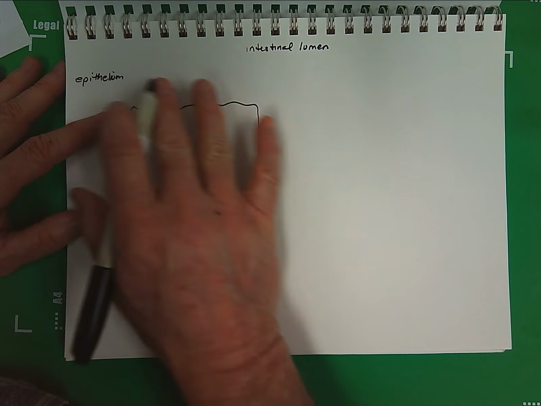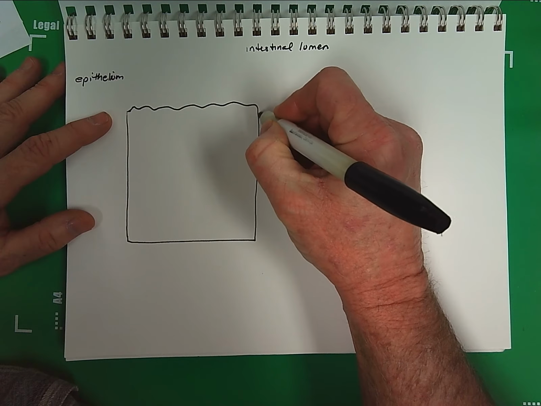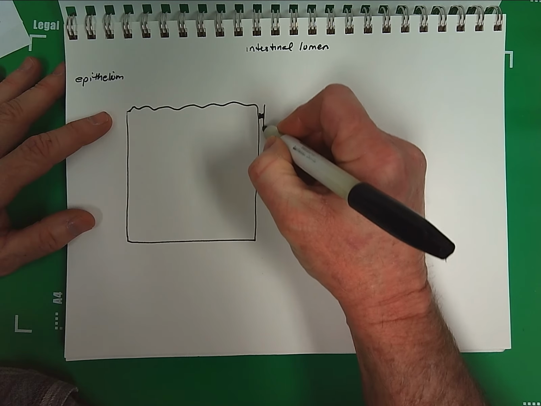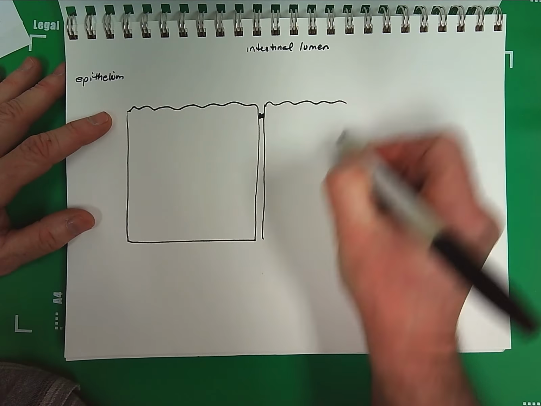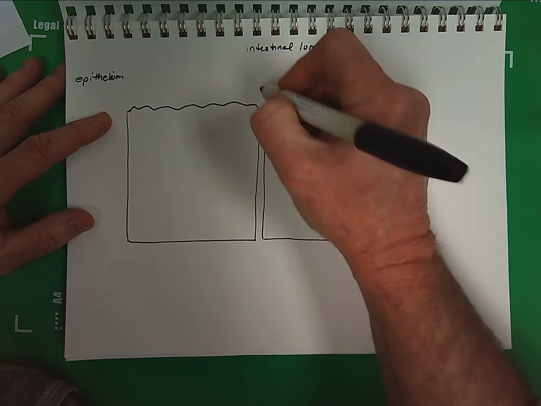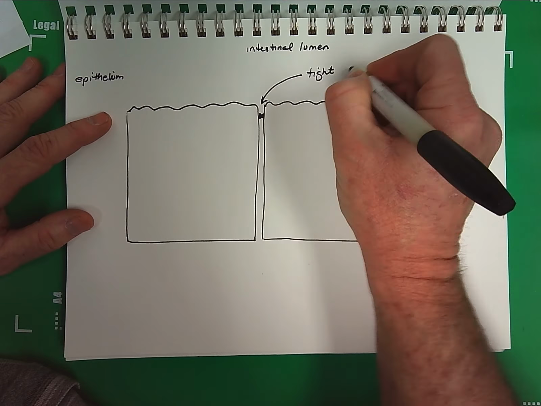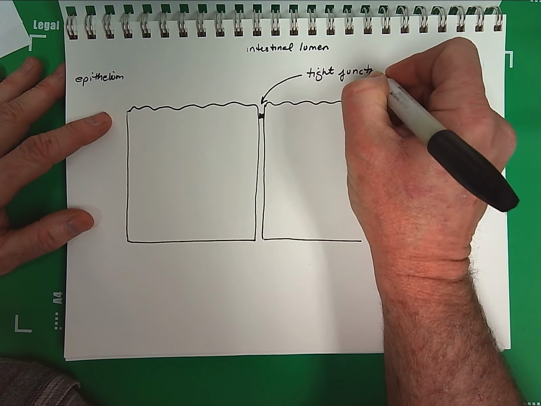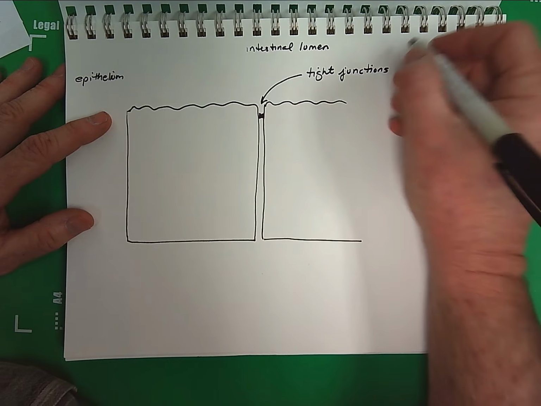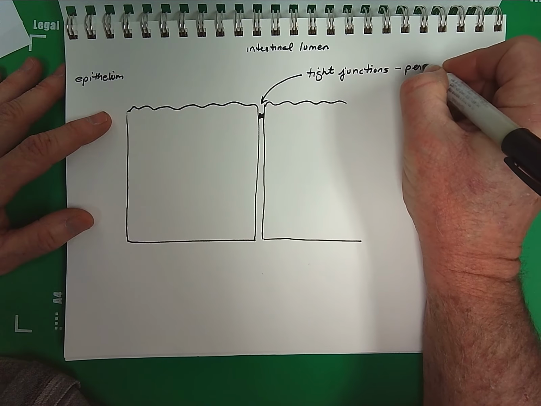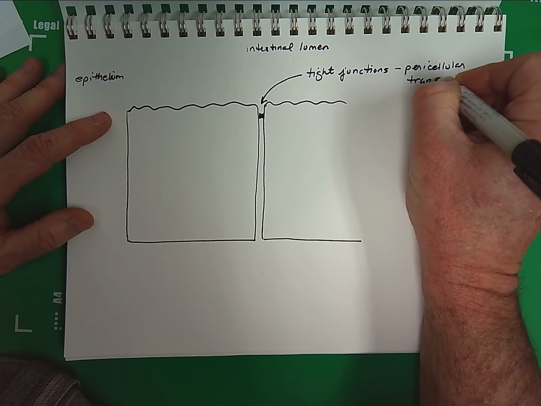Now, material has to be transported across this membrane at the top because adjacent cells are linked together by what are called tight junctions. These tight junctions regulate what is called pericellular transport.